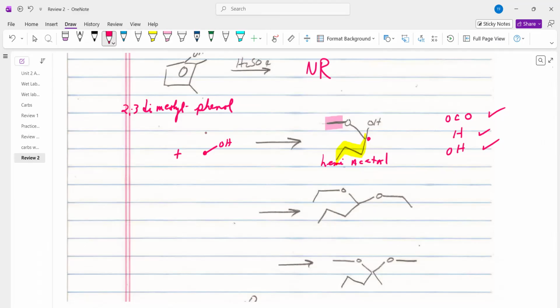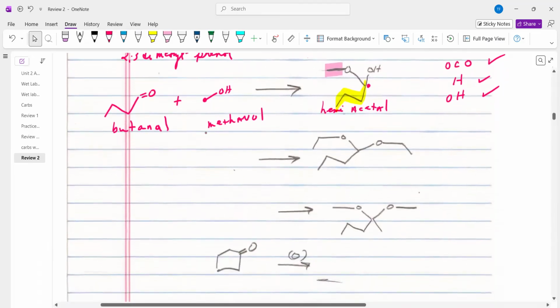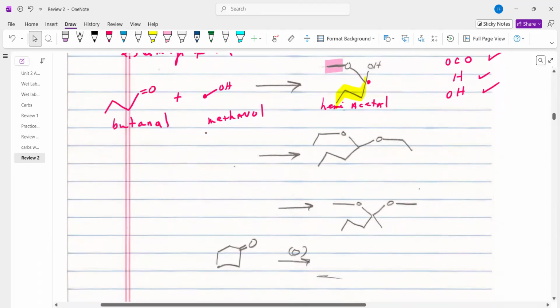So we need a 1, 2, 3, 4 carbon aldehyde. So this would be a methyl. Okay, let's look at the next one now.